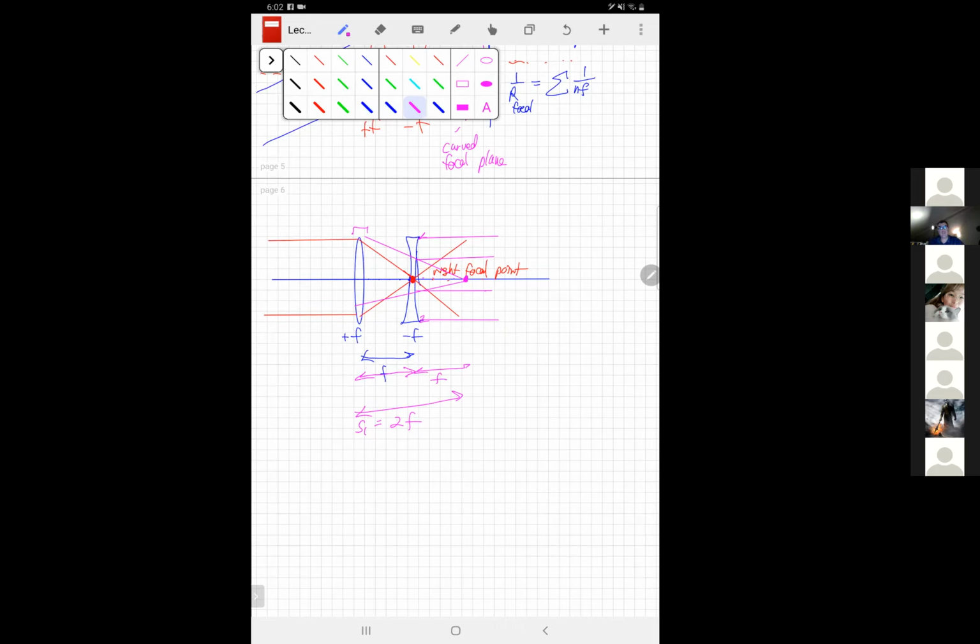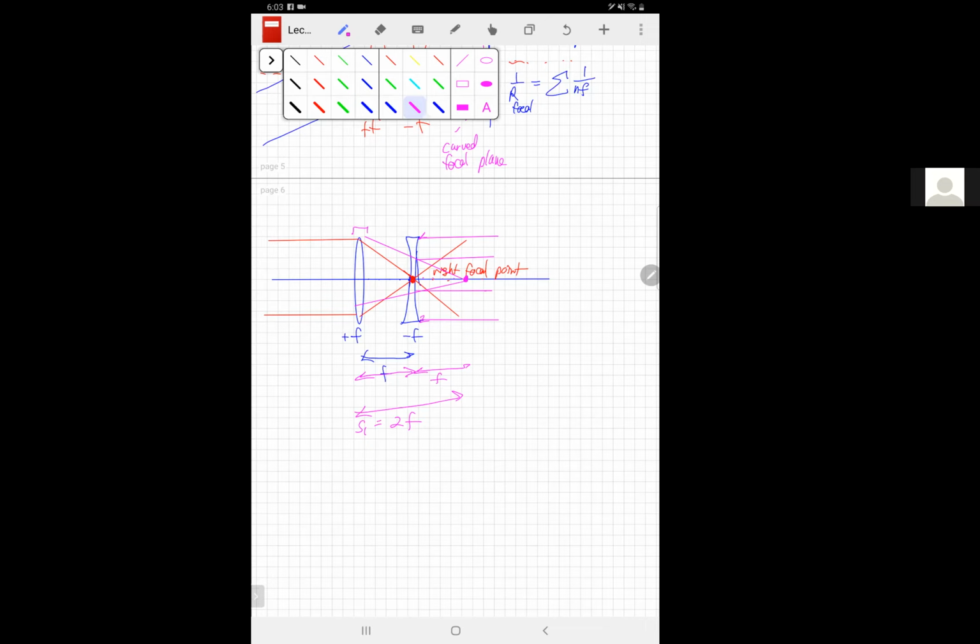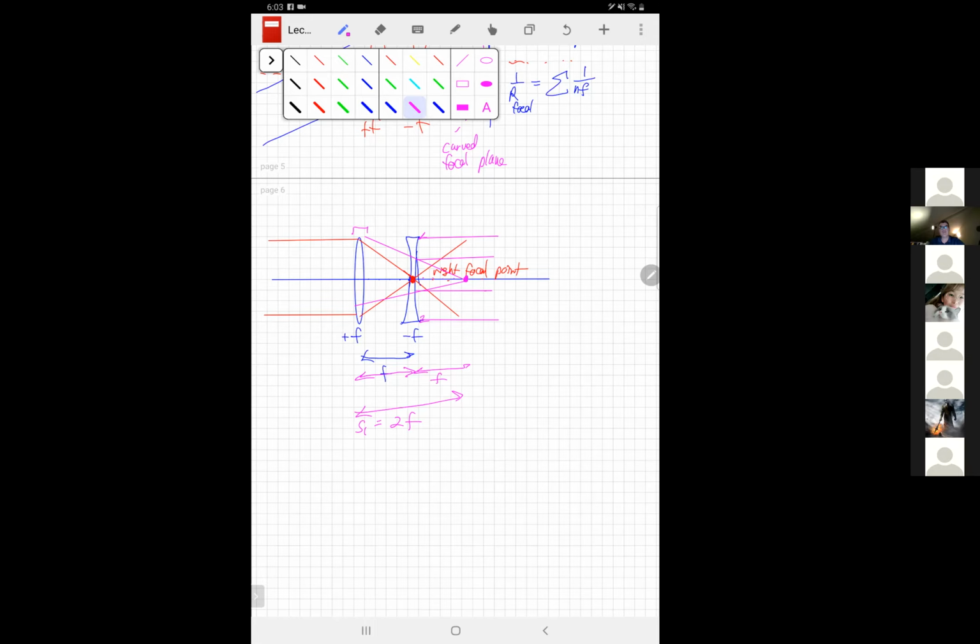The object was 2 focal lengths away from the lens. Someone other than my 2 usual suspects, Justin and Leona. I always hear from those 2.